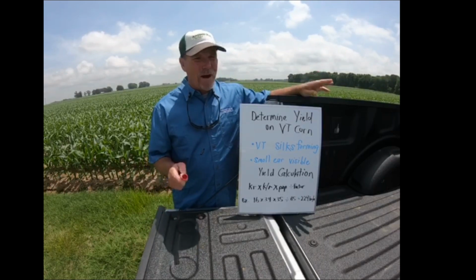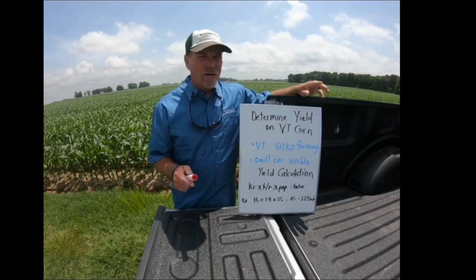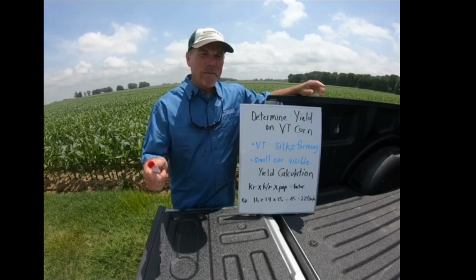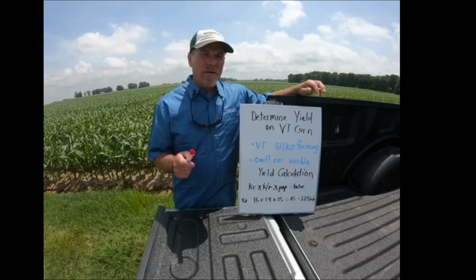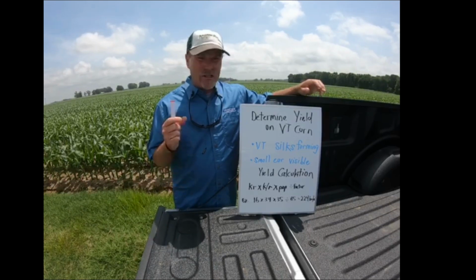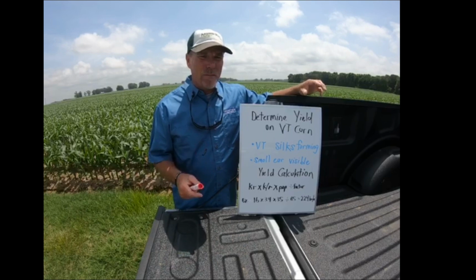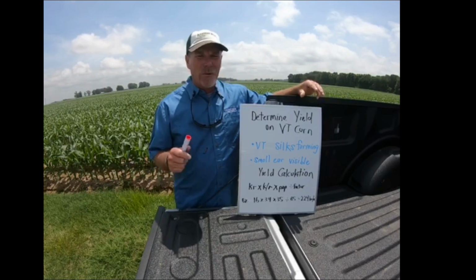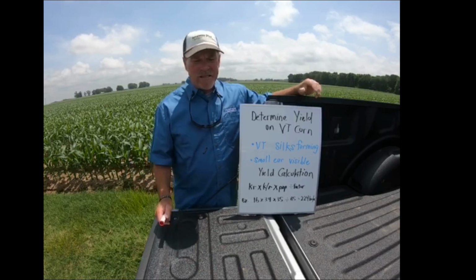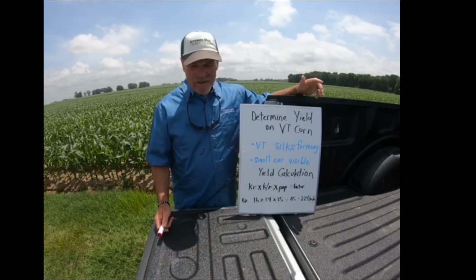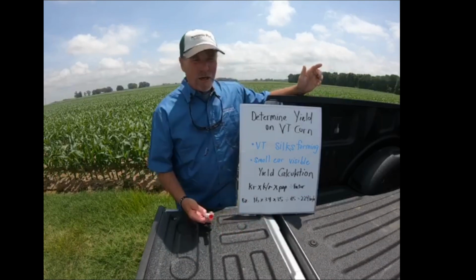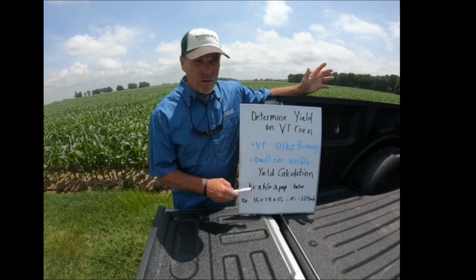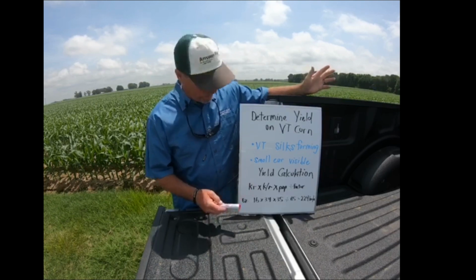In the rare instance, and I don't do this often because it might tend to overestimate, and I'd rather under-promise and over-deliver to the grower, if we've got a corn crop with exceptionally good kernel depth, an outstanding filling period, cooler temperatures, not excessively hot, and plenty of moisture, then we might consider dividing by 80. Once again, going over the formula, kernel rows are 12, 14, 16, 18, 20.